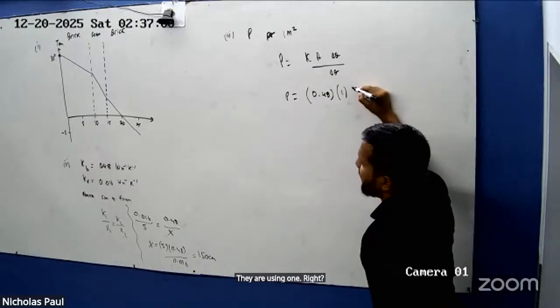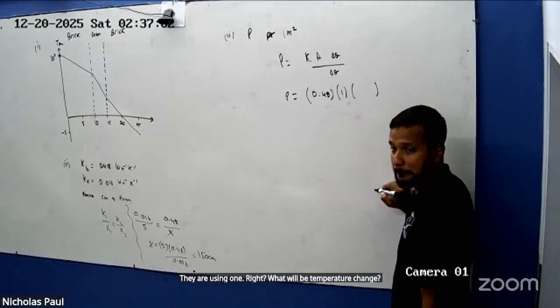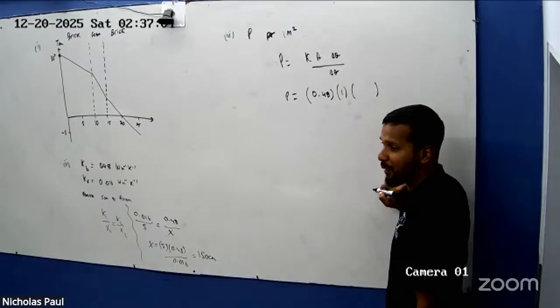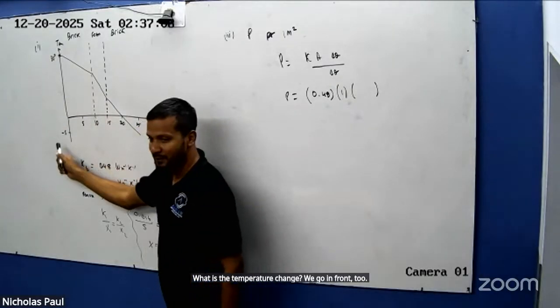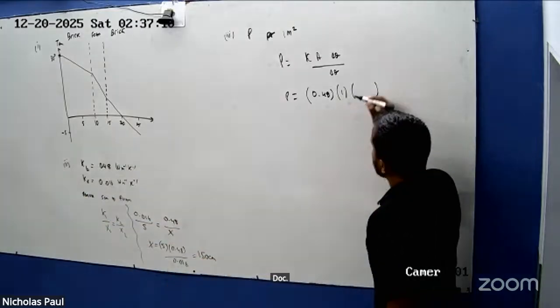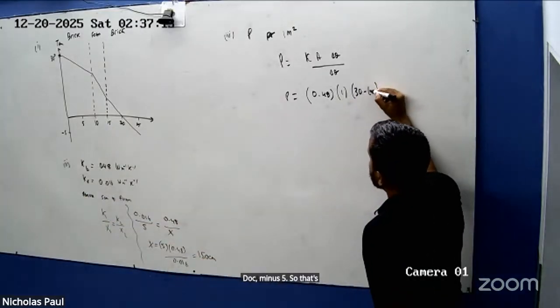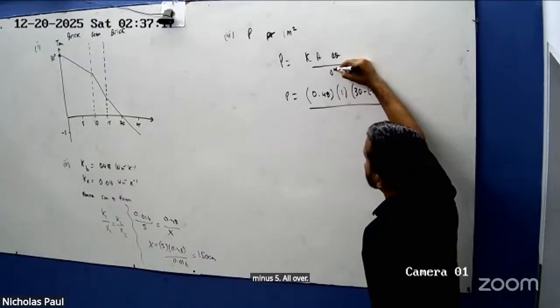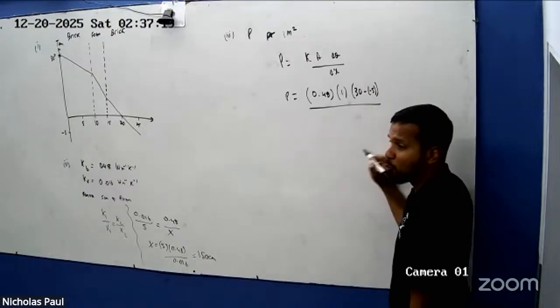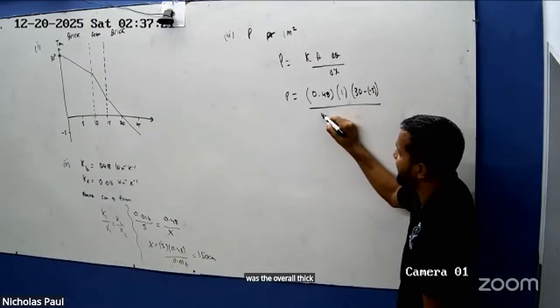What will be the temperature change? We're going from 30 to minus 5, so that's 30 minus minus 5, all over the thickness. What's the overall thickness?